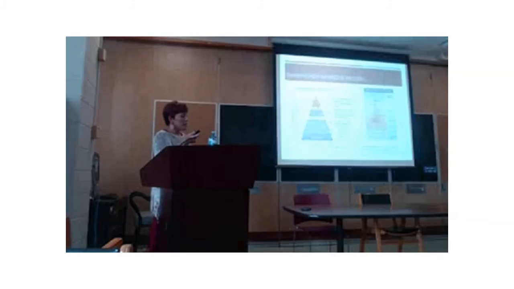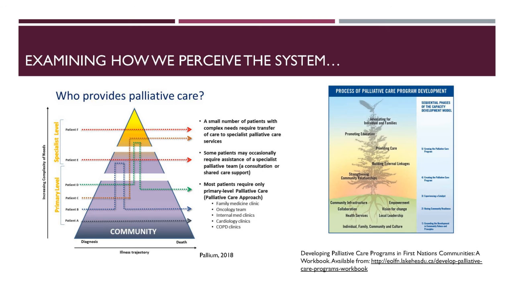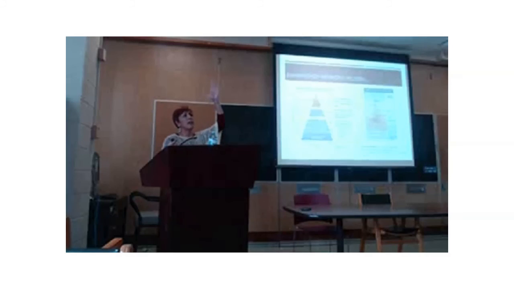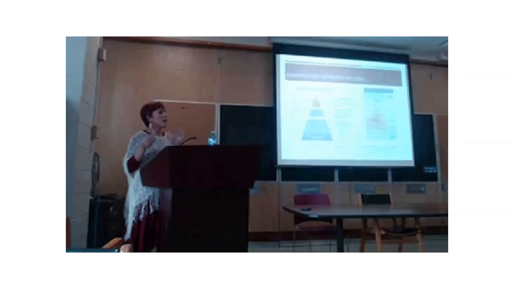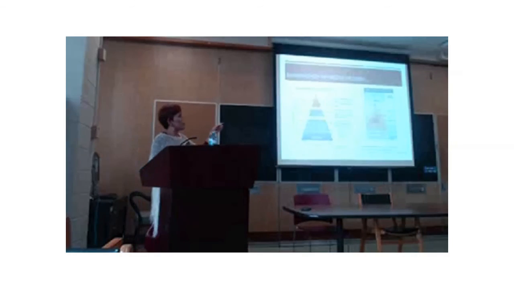And then think about when you're building systems, when you're building processes, who's going to use that process? So I use this example of palliative care because when I talk to the Canadian Society of Palliative Care Physicians, this is what I get, this model here. So these patients can be here and then they can come up and see a specialist and then they go back, and that system is not designed for a patient, that's designed for healthcare professionals.